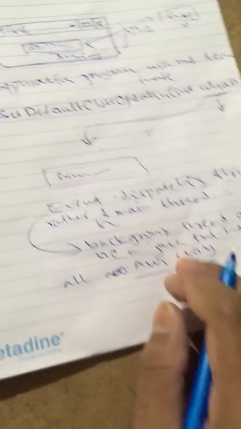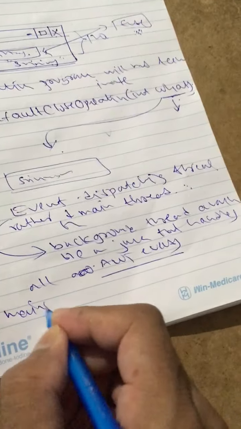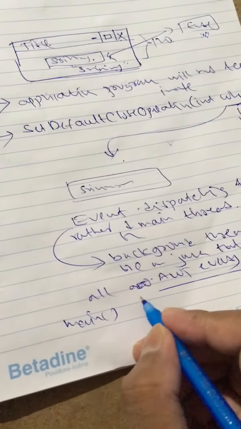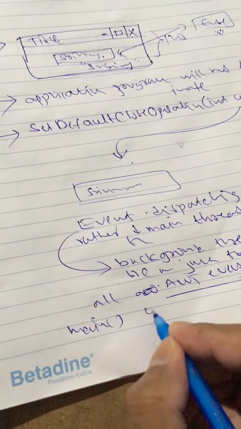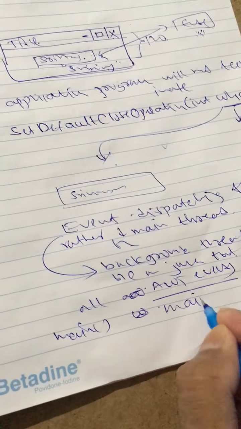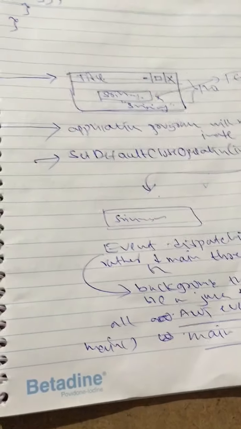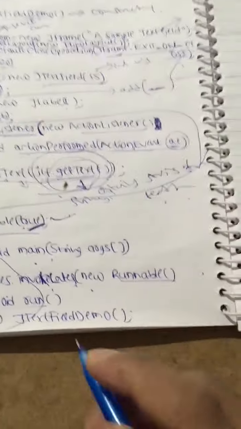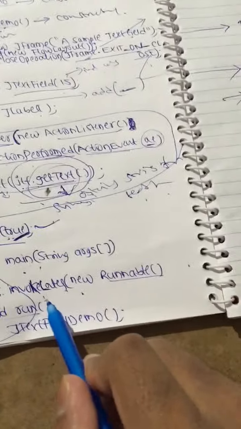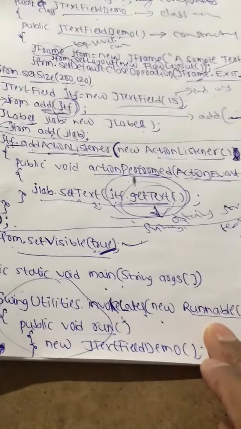It handles all the AWT events. The main method will be executed on the main thread. So here we are creating the runnable object.